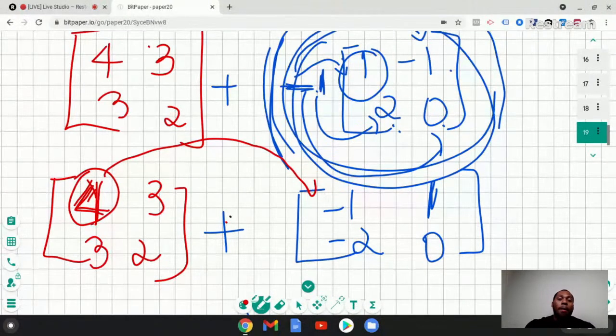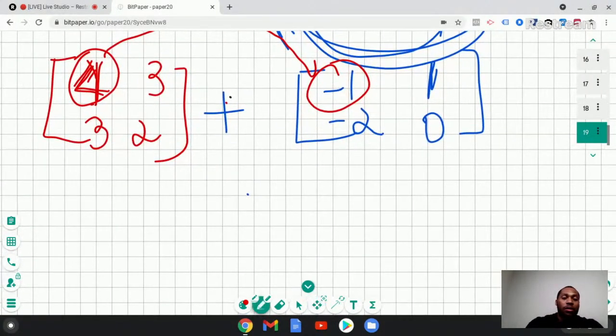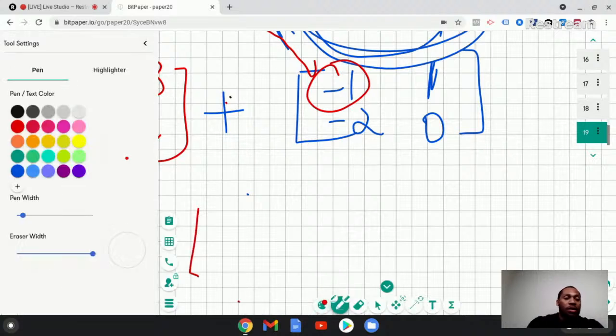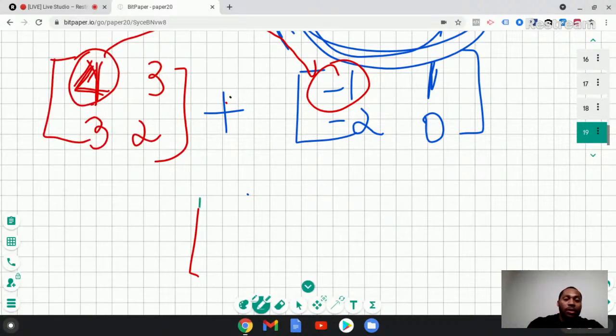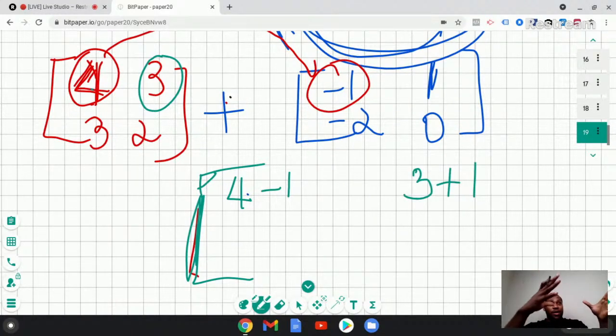So what I'm going to have is 4 minus 1, and I can use a different color. 4 minus 1, 4 minus 1. I'm going to write it down before I do the operations. 3 plus 1, 3 plus 1. The reason I'm adding those is because I already multiplied the second matrix by -1, which changed the sign of everything to a negative number.